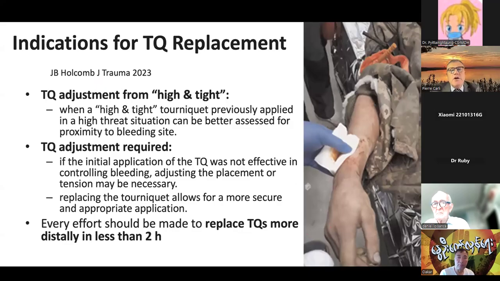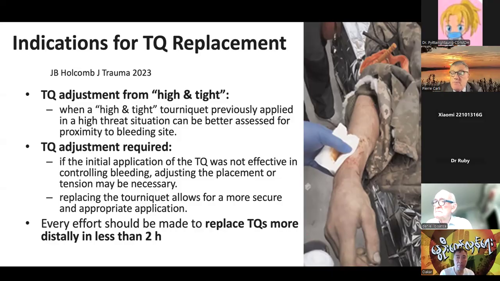First of all, tourniquets are at the beginning, say, highest in the limb and very tight. This means you are in a very stressful situation, high threat, under fire. But as soon as possible, you reassess the tourniquet, and the tourniquet must be checked to be effective in controlling bleeding, and if needed, you remove the tourniquet and you apply the tourniquet a little nearer to the bleeding.